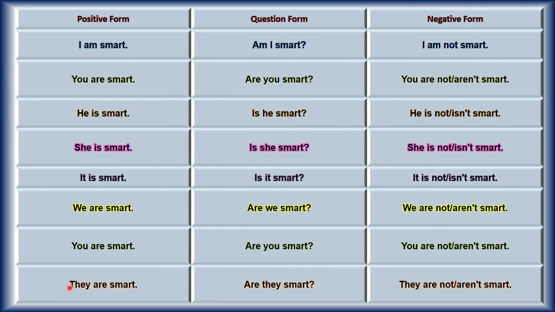Don't forget that here it's usable when the people are not close to you or they are far away. They are smart. Question form. Are they smart? Negative form. They are not smart. They aren't smart.